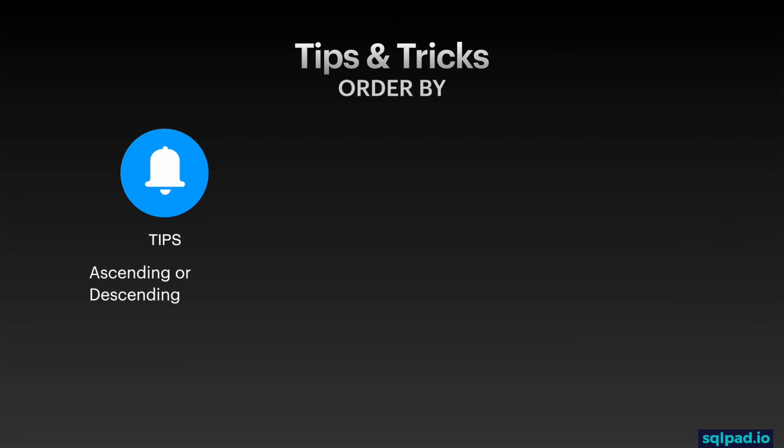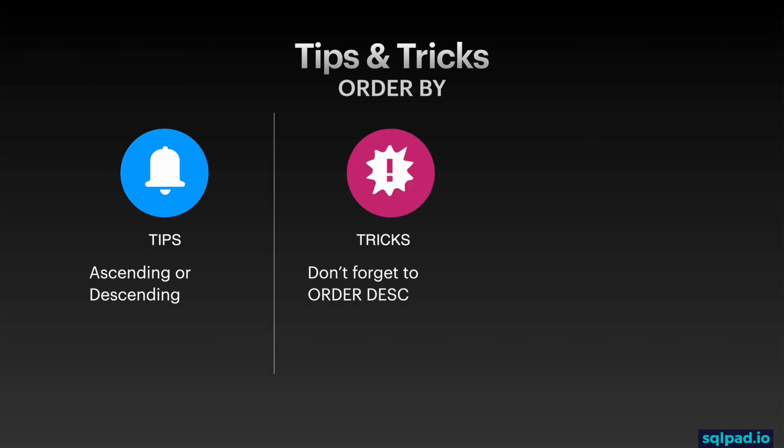Now it's time to talk about tips and tricks of order by. By default, the results are always ordered ascendingly if you use order by. And very often in your interview, you will be asked to return top results by numerical columns.